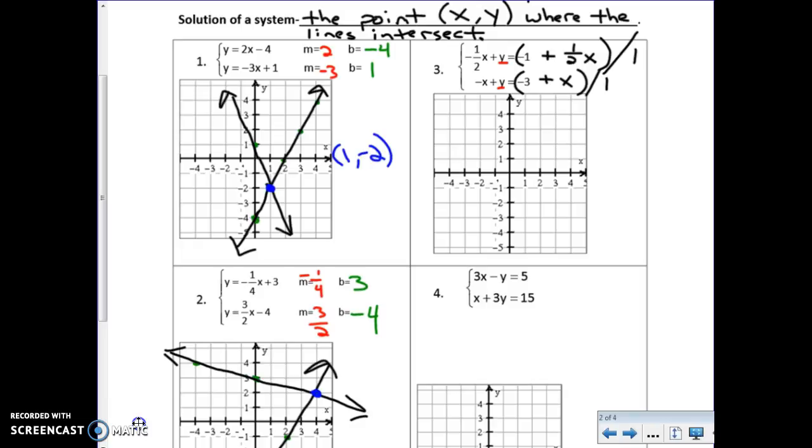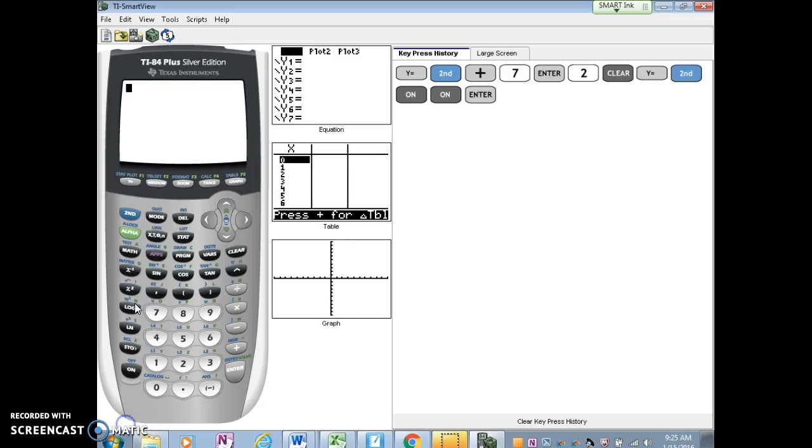So now I'm going to show you what we can do in the calculator. I want to see everybody doing this on their calculator. First, we're going to go to y equals. And then we're going to type in our two equations the way we set them up. So first we have to open parentheses, -1 plus 1 over 2x.